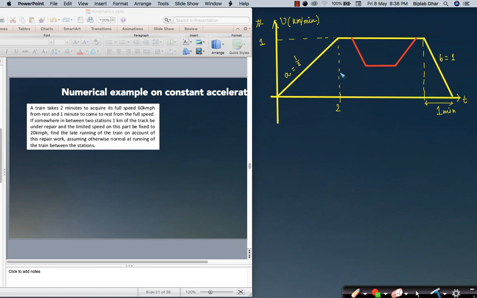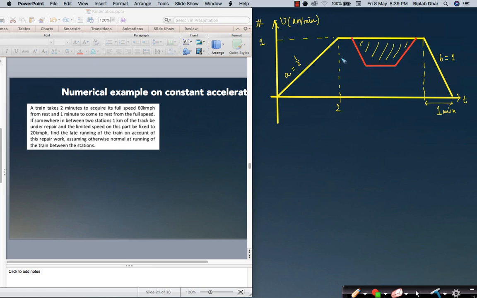What I have to understand is that on a repairing day, when the train moves in this way, this much distance it has to cover later on. When the train was running normal with 1 kilometer per minute, this distance was covered at 1 kilometer per minute. But now, due to this repairing work, the train has to slow down and go like this.